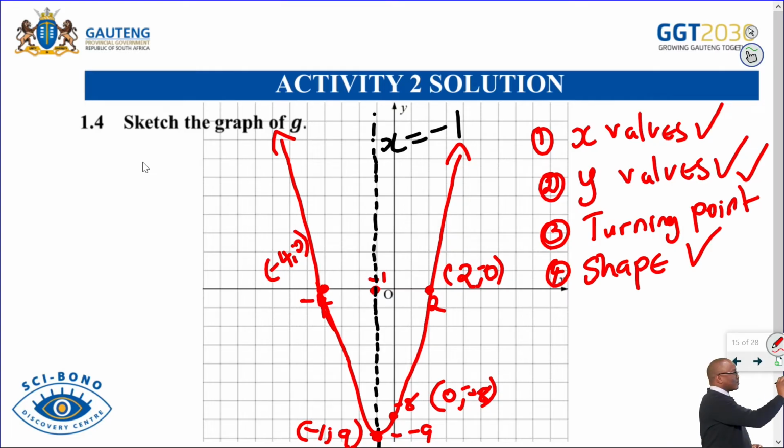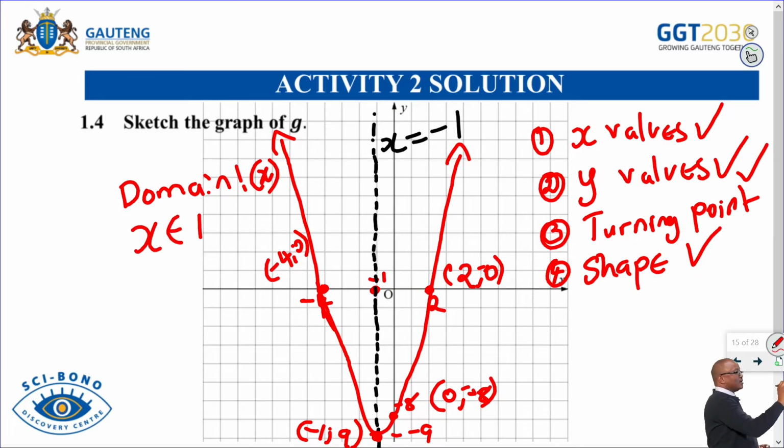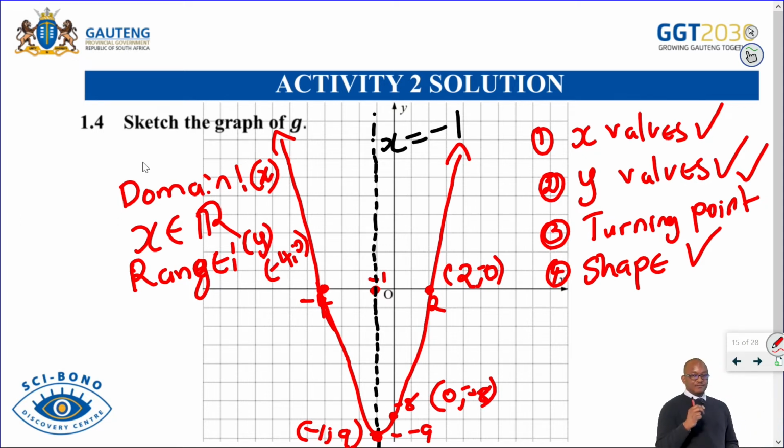And then when we speak about the domain, we're talking about x values. So the domain of this function, remember, this function is defined on all x values. So x is an element of all real numbers. Now the range, we're talking about y values. Now, the turning point is -9.